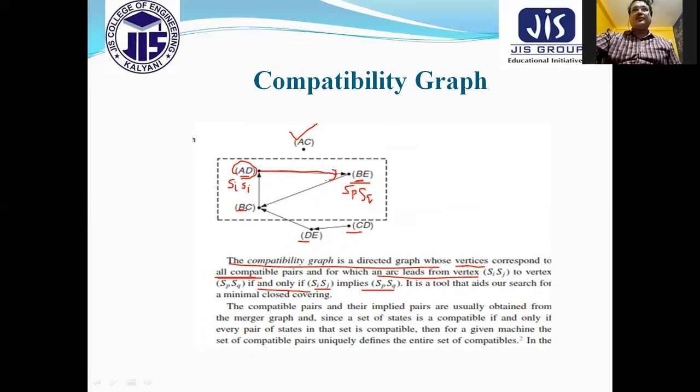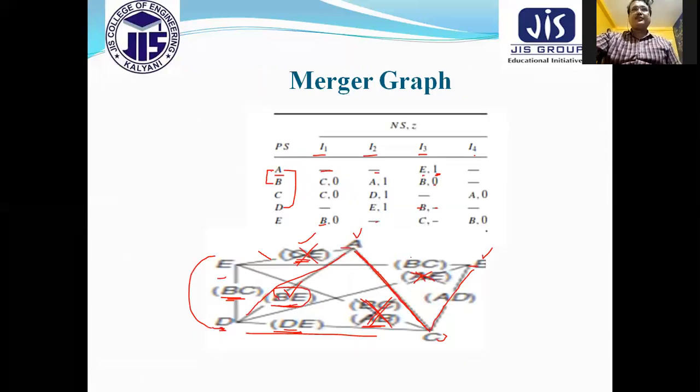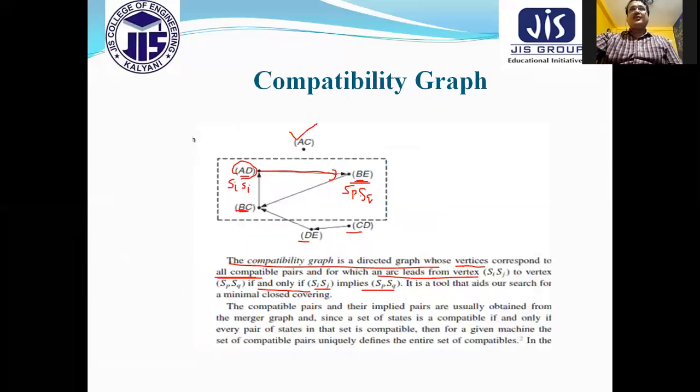Now, even without seeing the merger graph, I can draw the directed edge from BE to BC, because BC must be implied by BE. You can check it. Similarly, draw the directed edge from DE to BC, because BC must be implied by DE.